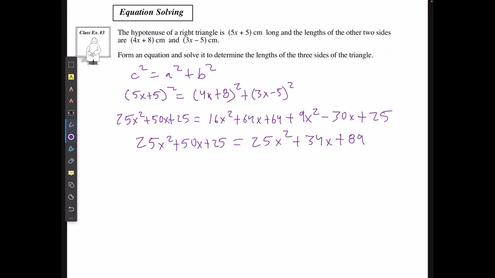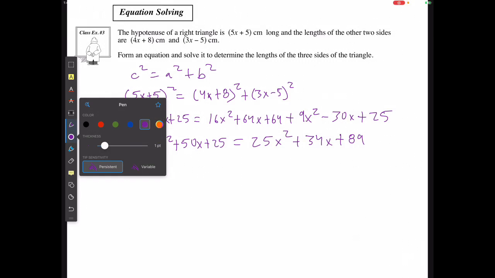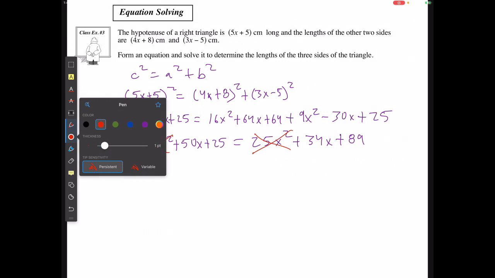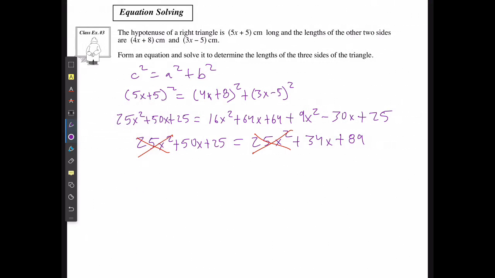When I subtract 25x squared from both sides, the x squared terms cancel out. So then I need to isolate just the x's. Well, what I'm going to do for that is I'm going to isolate the x's on the left-hand side, so I'm going to move this 34x over by subtracting 34x from both sides.